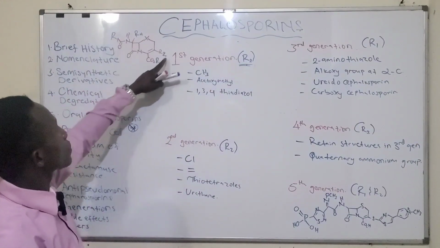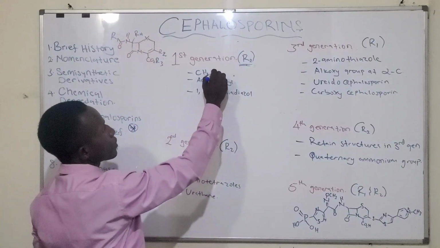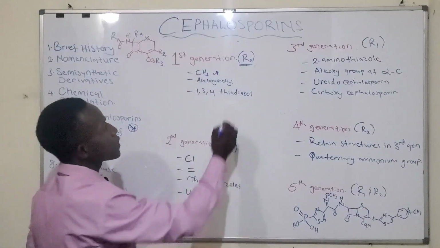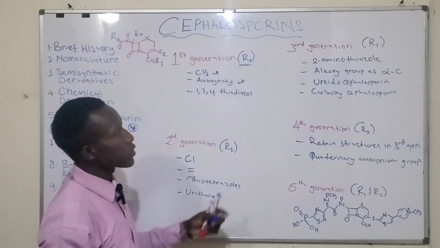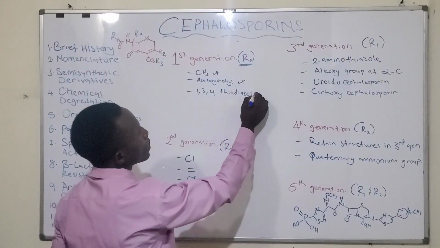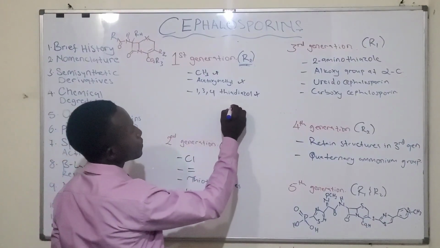We have R1, 2, 3, and 4. So at R2, there is a methyl group. If it's not a methyl group, it is an acetoxy-methyl group. We saw the acetoxy-methyl group. If it's not, it is a 1, 3, 4 diazo, this group.